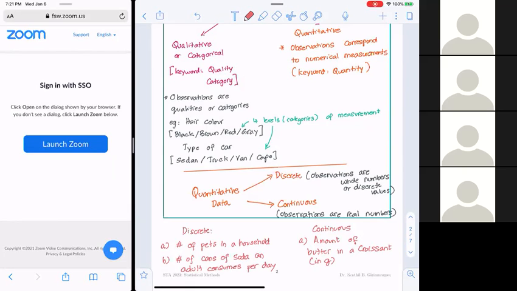Now, does every single croissant have the same amount of butter? No, it is going to vary from one croissant to another. So if we take some 20 or 30 croissants and measure the butter in each of them, then those values wouldn't be whole numbers. Scientifically, one might say 1.2 grams, the other might say 2.3 grams, and so forth, which is why that is continuous.